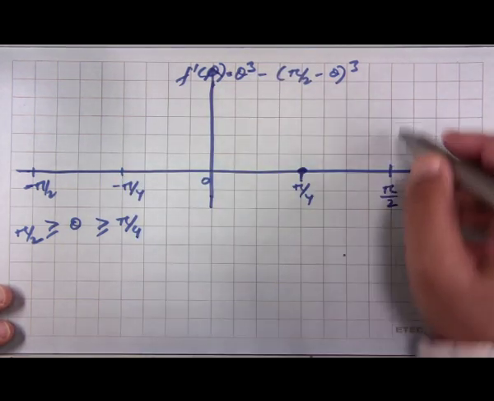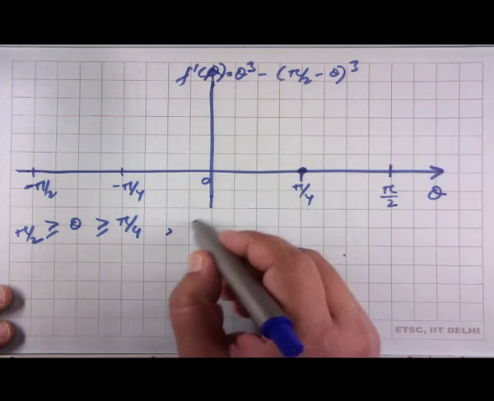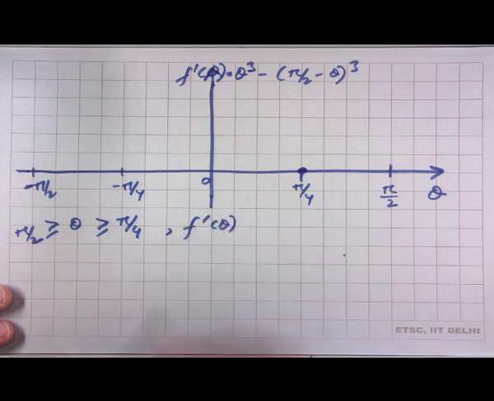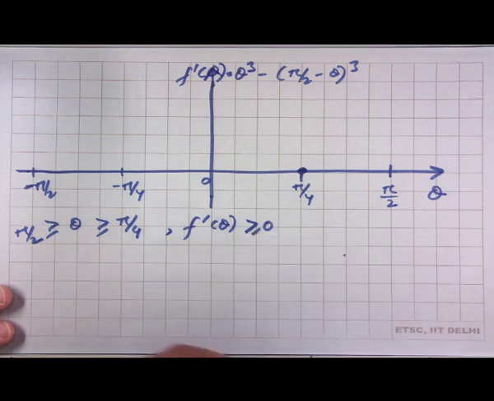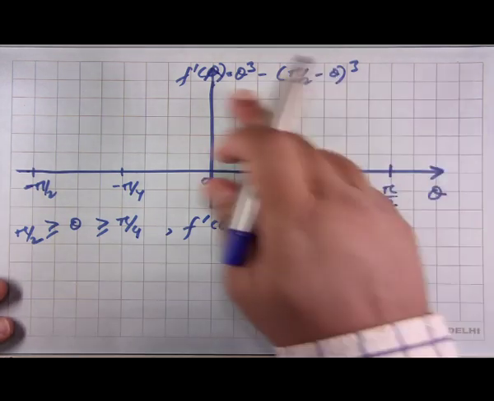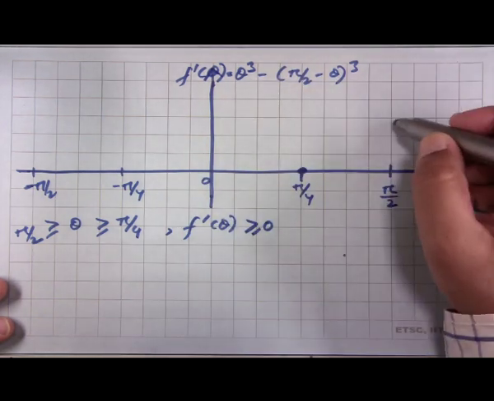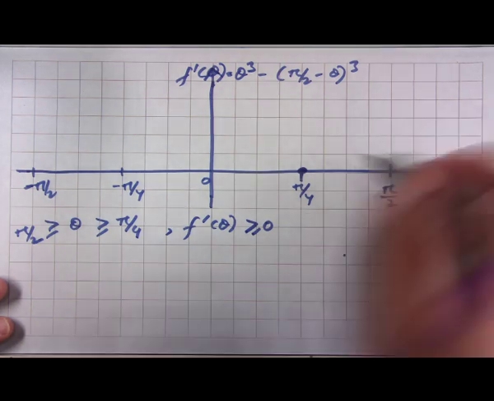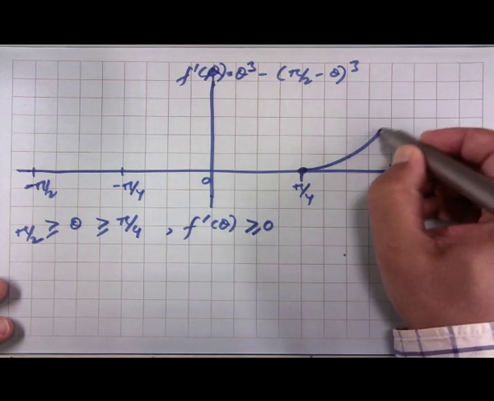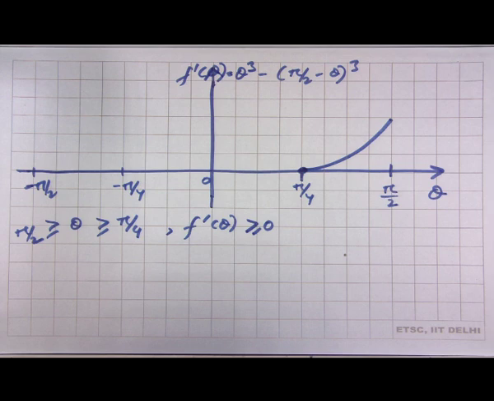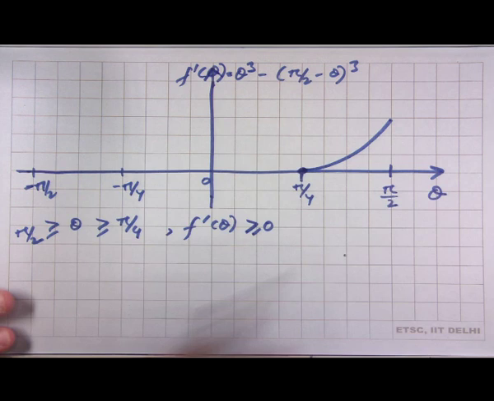So, in this region, it is clear that f dash theta is greater than or equal to 0. Because it is cubic, it will look something like this, and since it is always positive, it might take some value like this. This is, let us say, the curve for f dash theta in this interval.